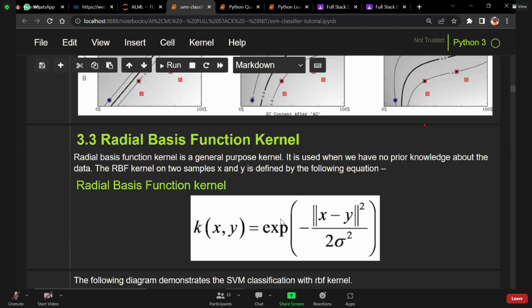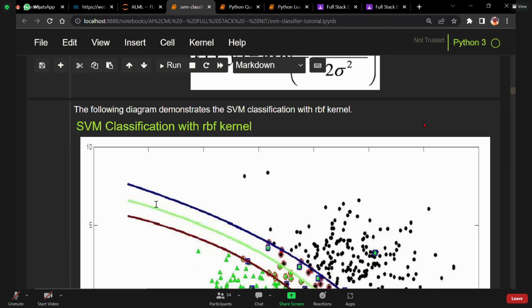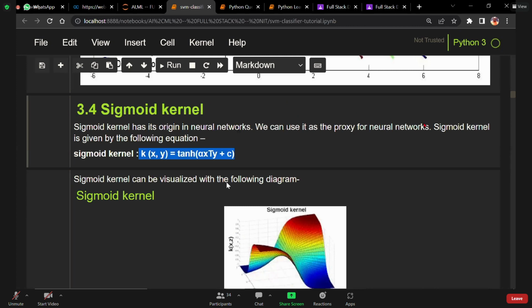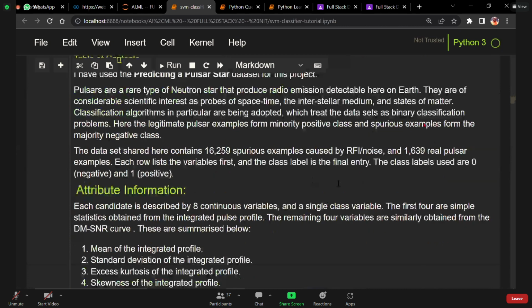When I say RBF, this is the equation it implements. When we talk about the sigmoid kernel, this is the formula that has been implemented. When we talk about SVM in scikit-learn, everything is taken care of by scikit-learn, guys, as I keep on saying. So here, each candidate is described by eight continuous variables and a single class variable.